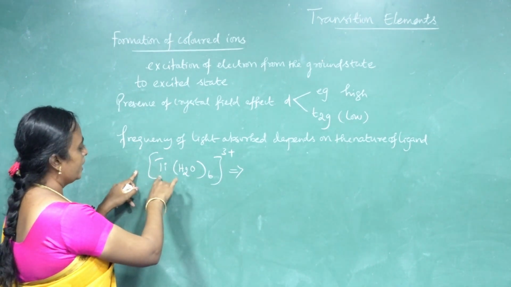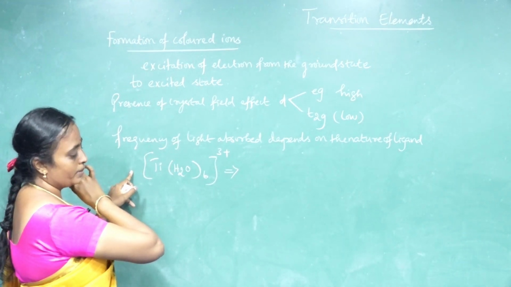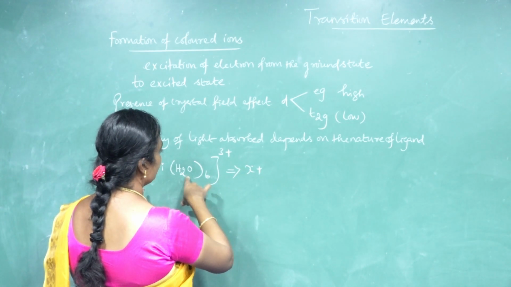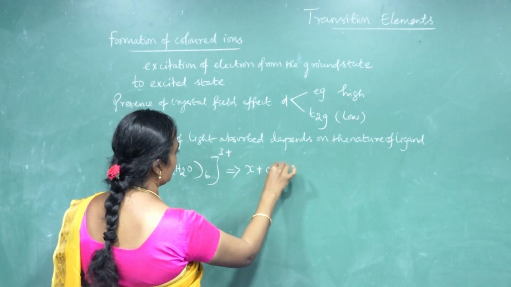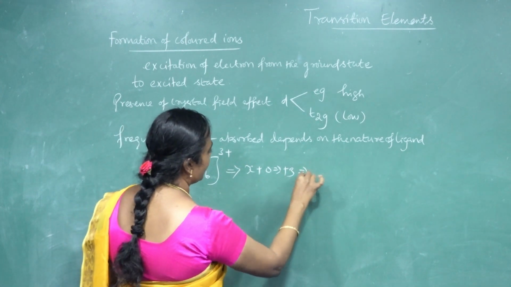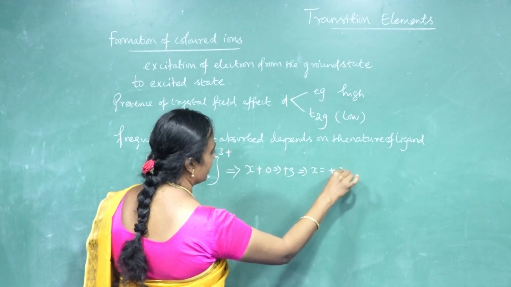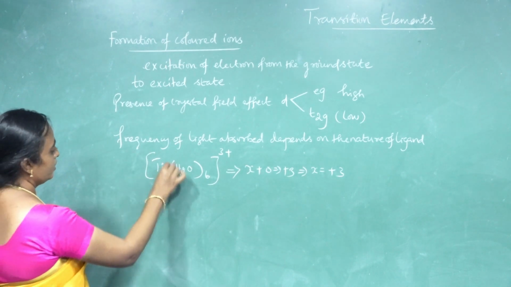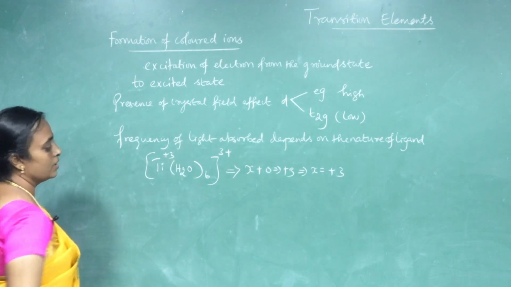Calculating X here: neutral ligand, so X plus 0 equals the charge on the complex, +3. So we get X equal to +3. Titanium is in the +3 oxidation state.